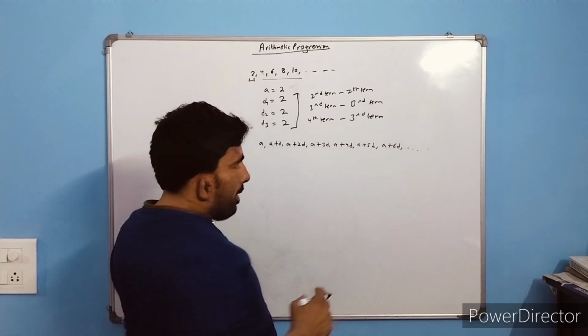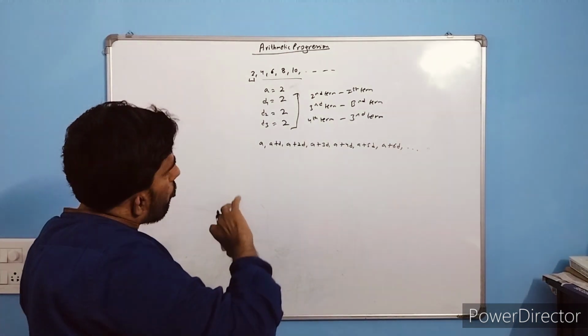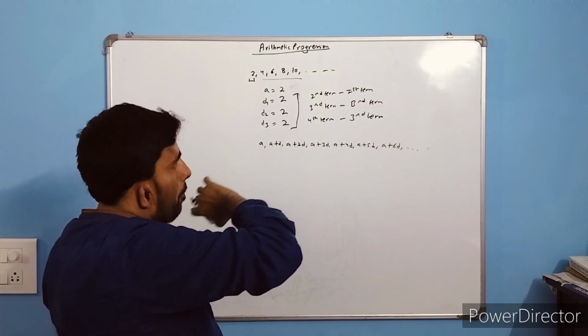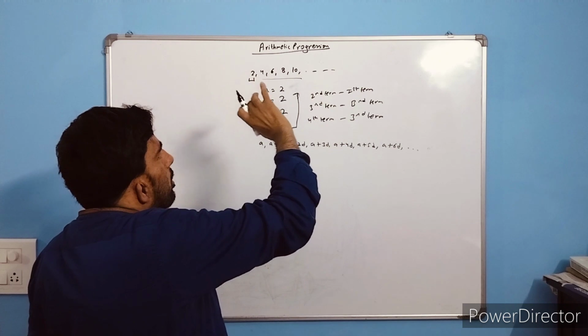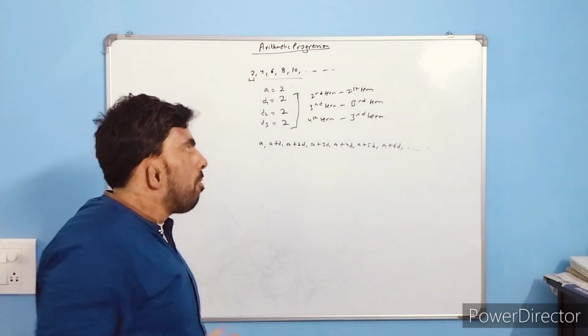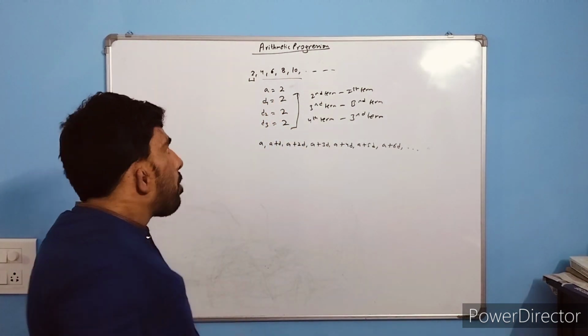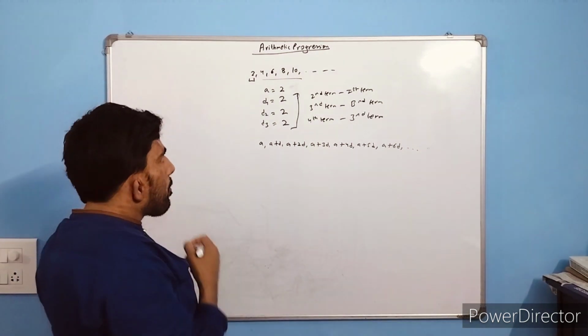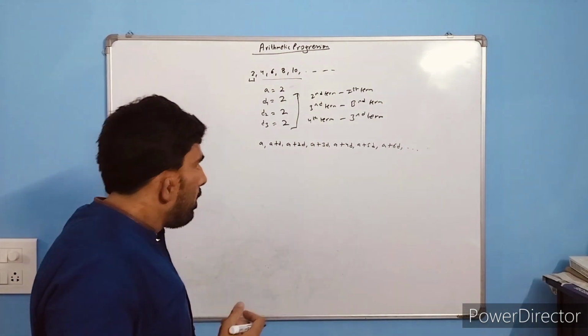So that is how we are able to find the terms in a given sequence. This is the most important chapter. We will now discuss its numericals.